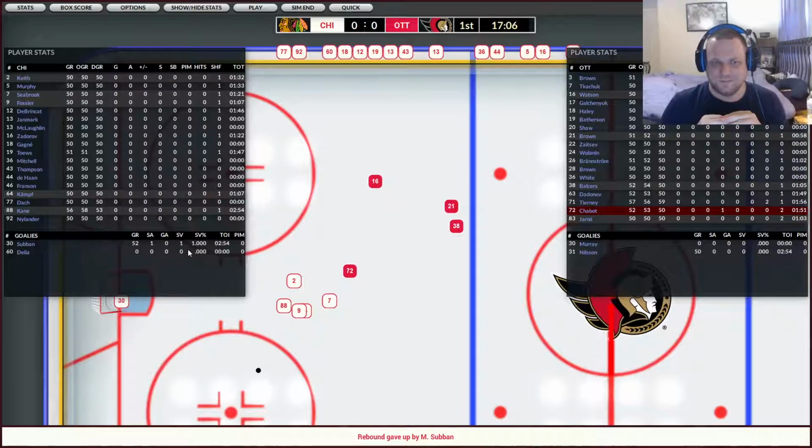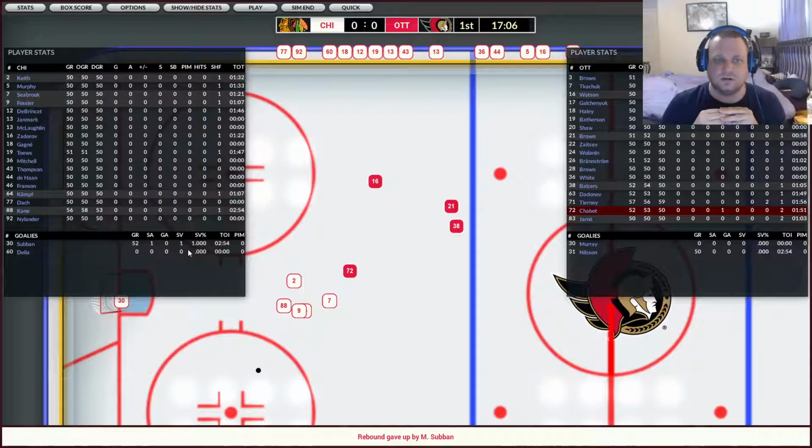Between .900 and .905, that's still not that good. Between .905 and .910, it's better, but just a little bit under average for the league. Usually the league average should be between .910 and .915.